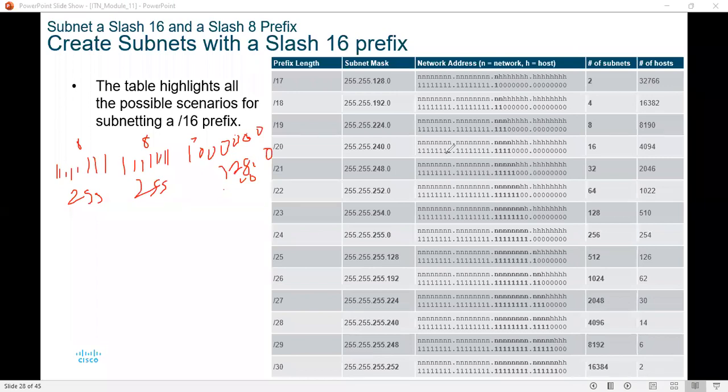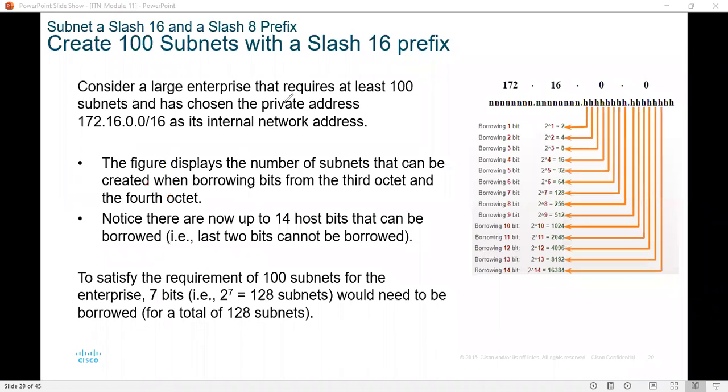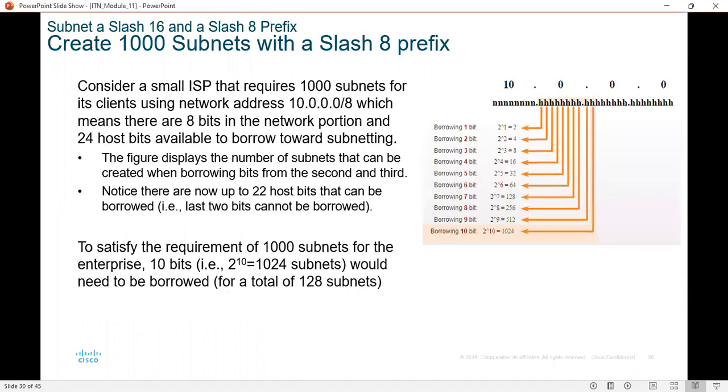Rest assured now that I've done my homework by putting you through what I've done this evening. Take for instance, they're asking you to create 1,000 subnets.